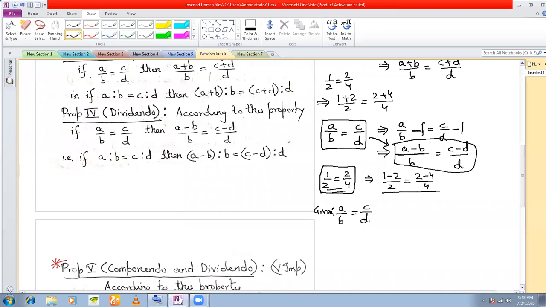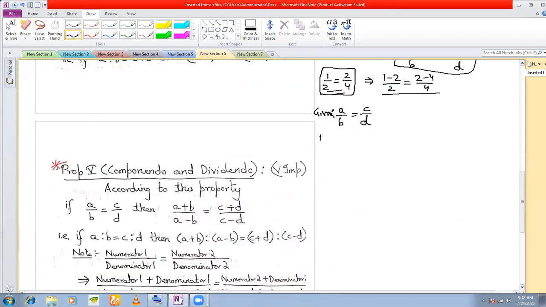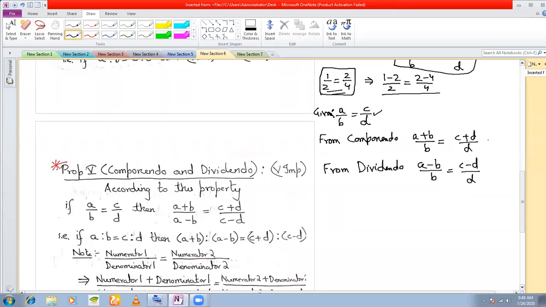If I have A by B is equal to C by D, then from componendo, you can write (A plus B) by B is equal to (C plus D) by D. For the same proportion, from dividendo, you can write (A minus B) by B is equal to (C minus D) by D. Call this 1, call this 2.